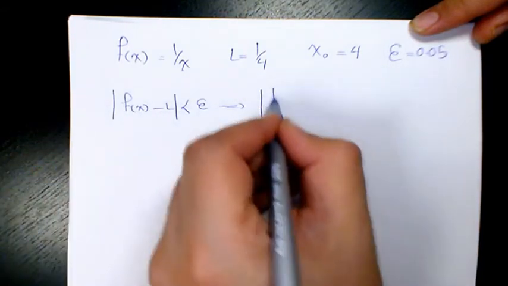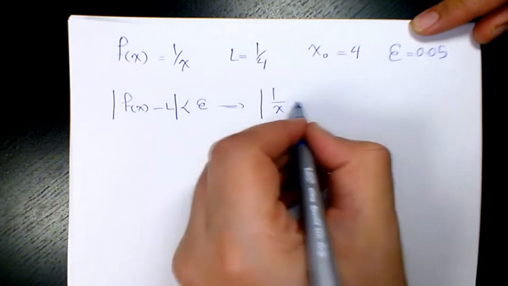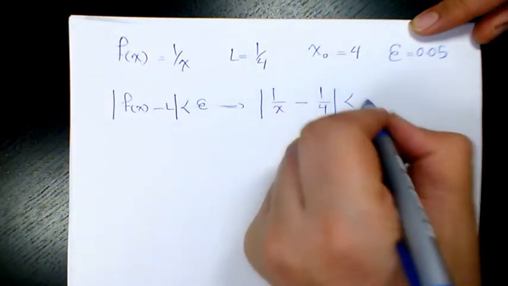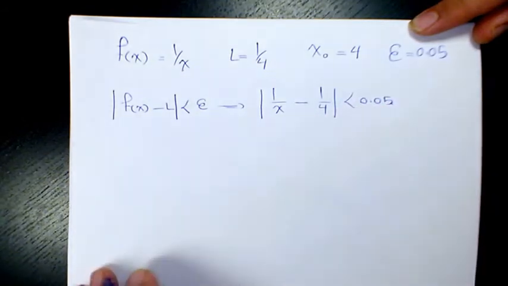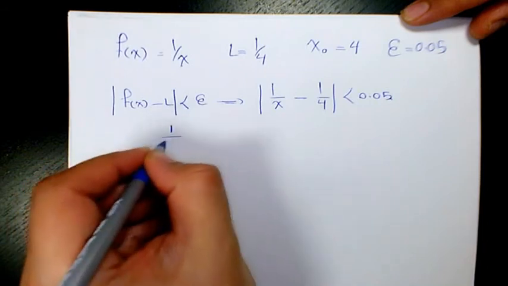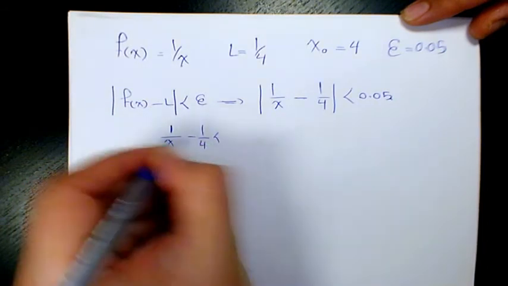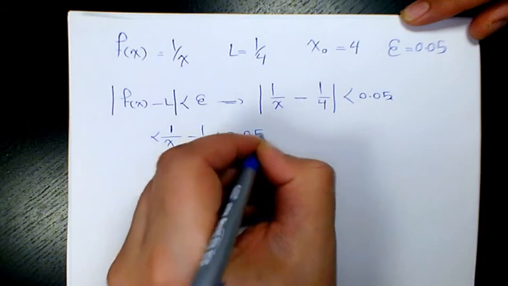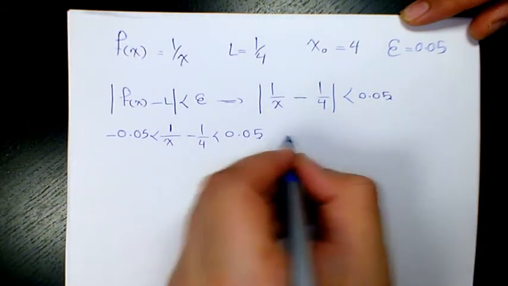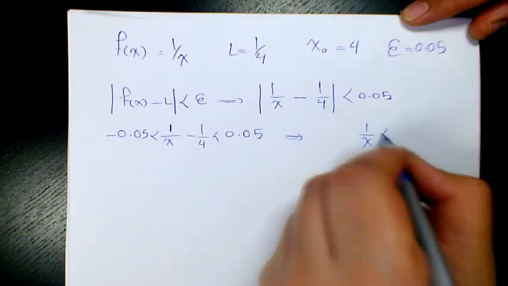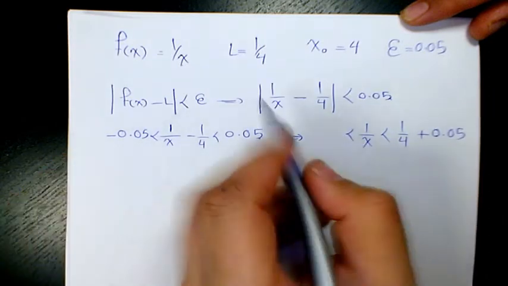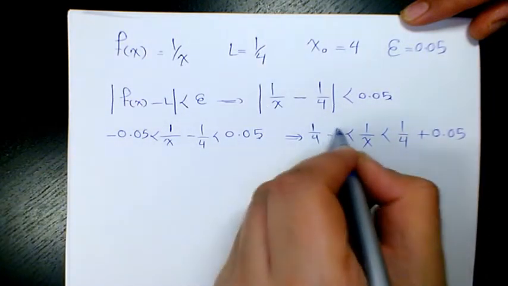F of x is 1 over x minus L, 1 over 4, has to be less than 0.05. Then we can say 1 over x minus 1 over 4 has to be less than 0.05 and greater than negative 0.05. Then 1 over x is going to be between 1 over 4 plus 0.05 and 1 over 4 minus 0.05.